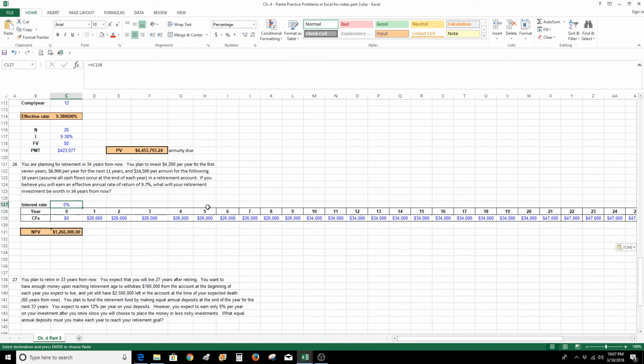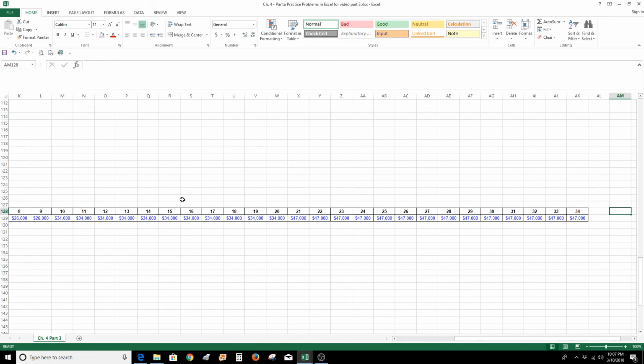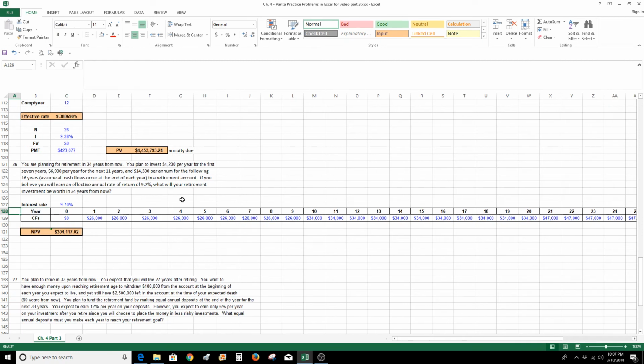Effective annual rate of 9.7%. Okay, and you've got 7 years, you've got 11 years, and you've got 16 years. We have 34 years, and that's the amount that we have here, so we don't have to change the formula on that. And we're going to put $4,200 per year for the first 7 years.